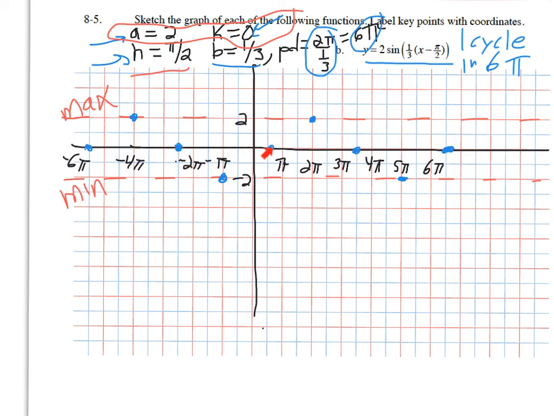And then halfway between these 2 x-intercepts, I need a minimum. Halfway between these 2 x-intercepts, I need a maximum. And then connect your dots. I'm going to start here and draw the first cycle. And then the second cycle.